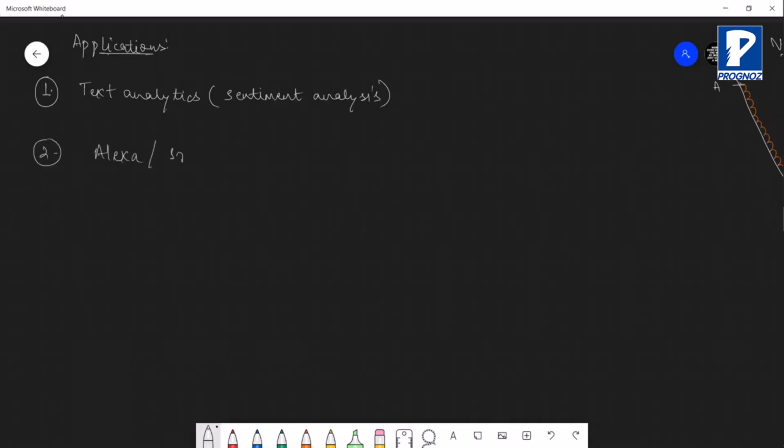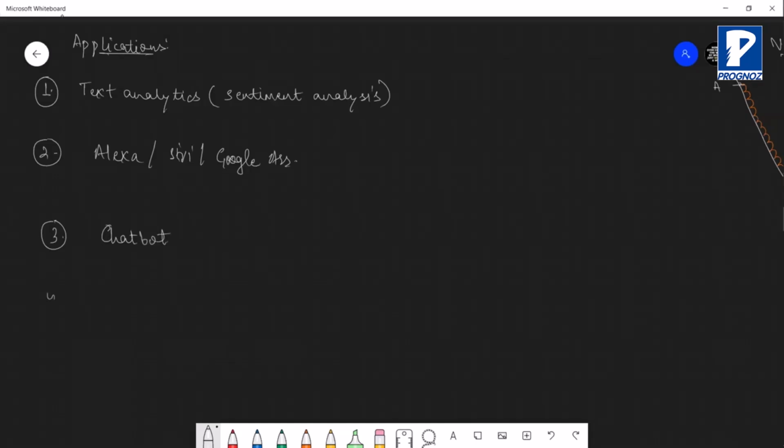Alexa हो गया, Siri हो गया, okay. Your Google Assistant हो गया, right?